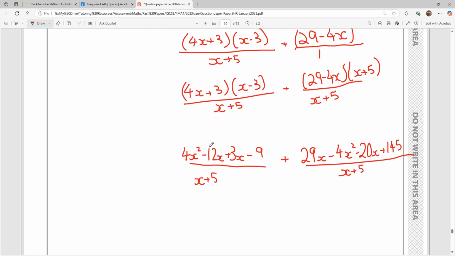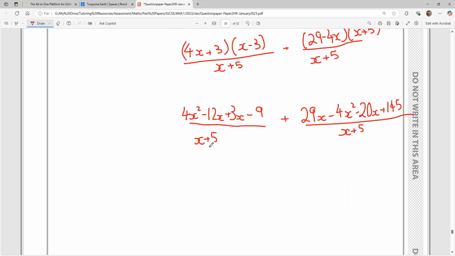Then if we add them together term by term, 4x squared plus minus 4x squared is going to disappear. Then we've got the minus 12x plus 3x, and then minus 20x plus 29x.